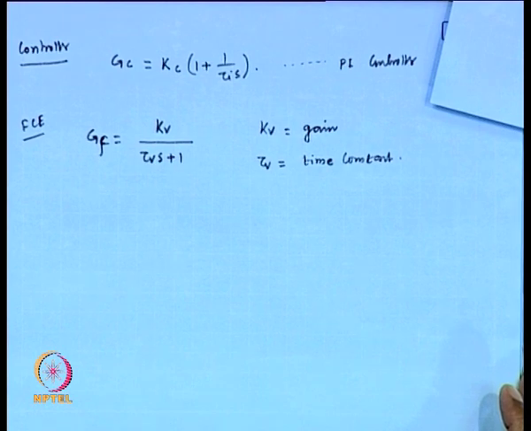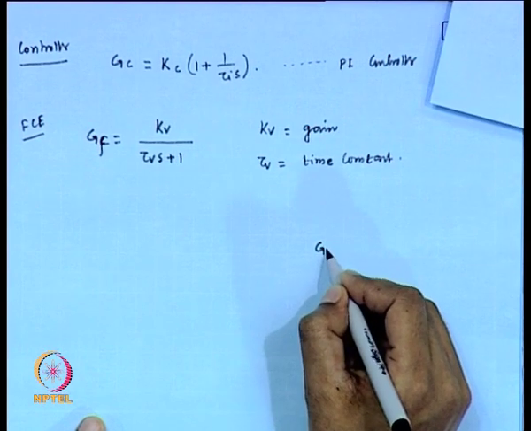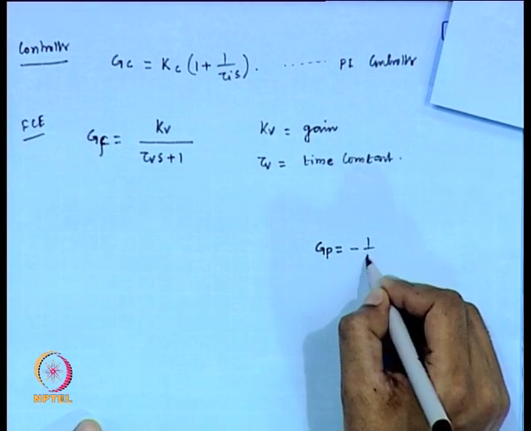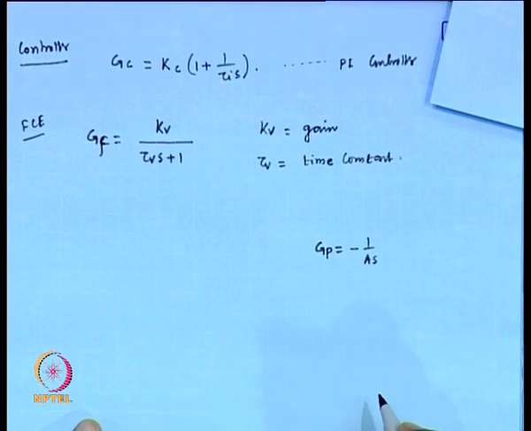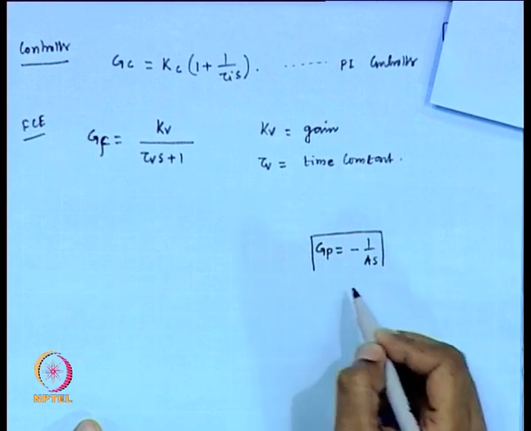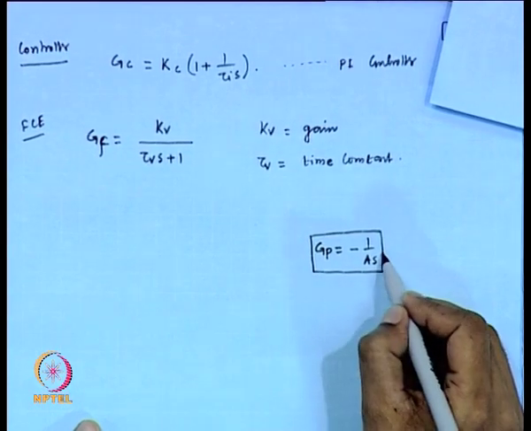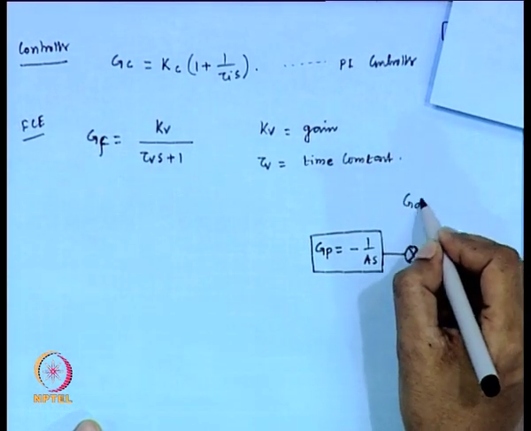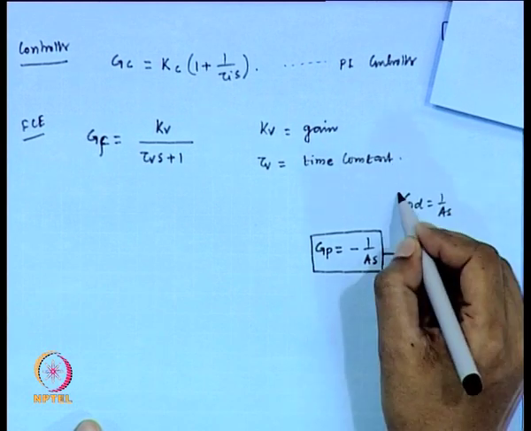Can you make the closed loop block diagram now? We can now make the closed loop block diagram. First, we need to develop the process having the transfer functions G_p and G_d. How much is G_p? G_p is minus 1 by As. What is G_d? G_d is 1 by As.